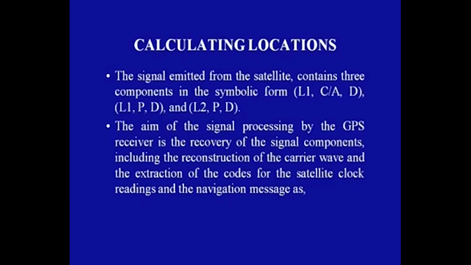The aim of the signal processing by the GPS receiver is the recovery of the signal components, including the reconstruction of the carrier waves and the extraction of the codes, the satellite clock readings and the navigation message.